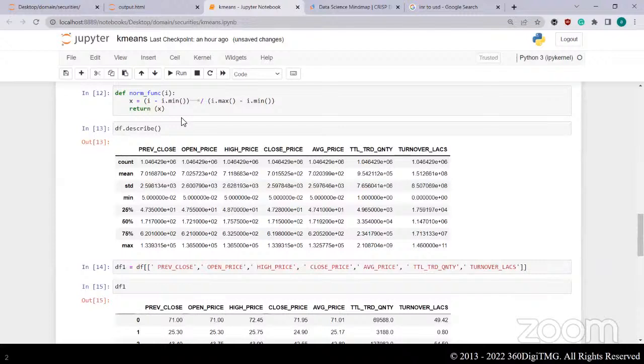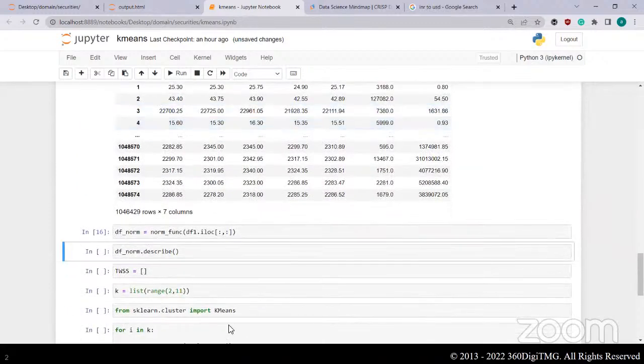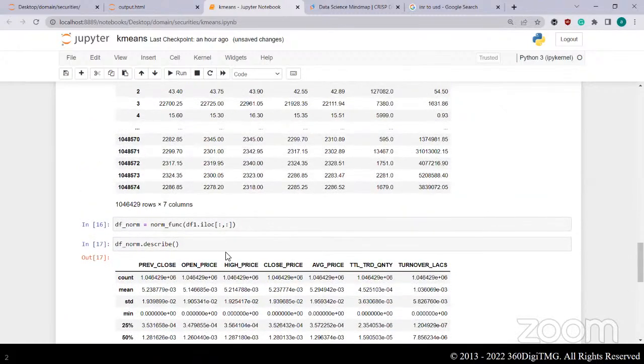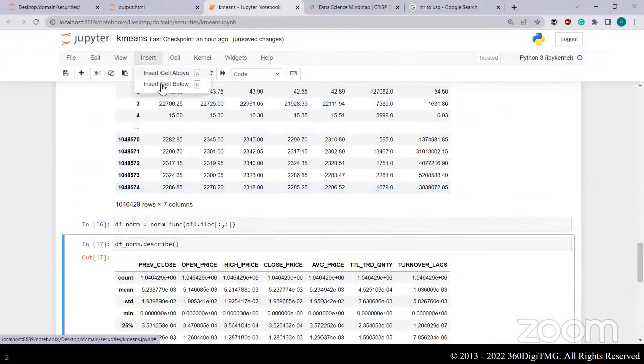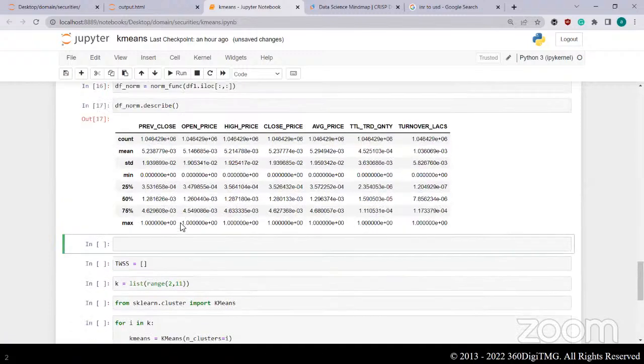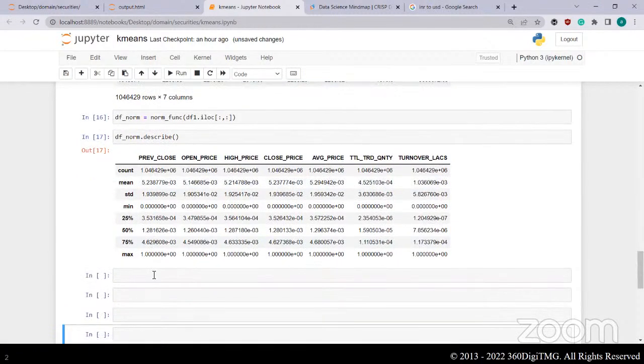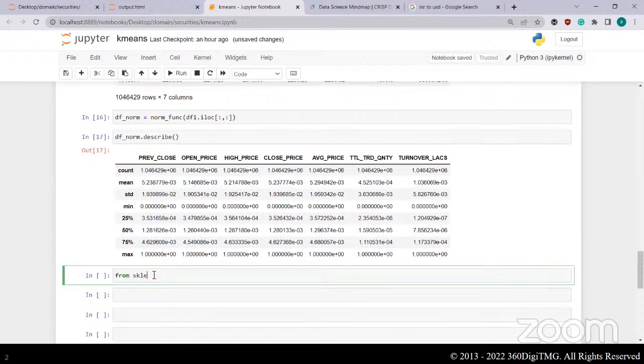When you apply min-max scaling, the range is reduced between 0 and 1. So we'll do this and we can take a look at the range, minimum and maximum. It's between 0 and 1. Similarly, you can also apply standard scaling.